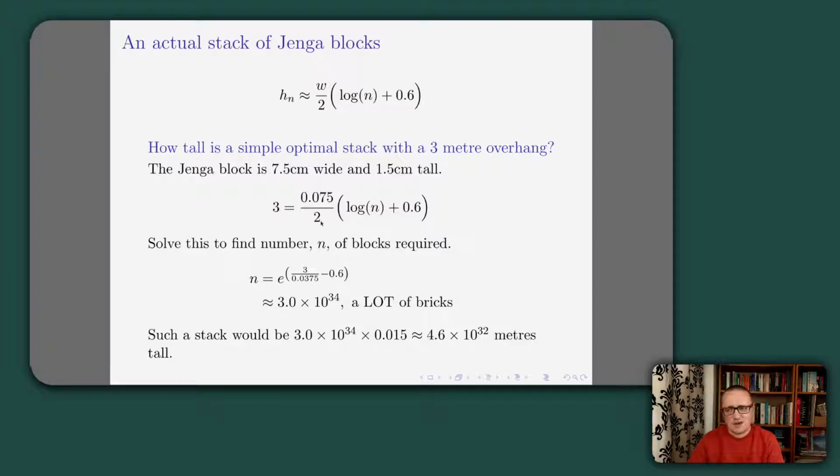So this gives us an equation for n, which we can solve. Okay, so you just make n the subject of this. You just peel off the various operations there, and eventually you'll have to take the exponential to invert the logarithm. So you take the exponential of this quantity, 3 divided by 0.0375, minus 0.6.